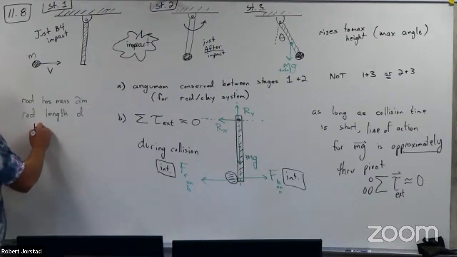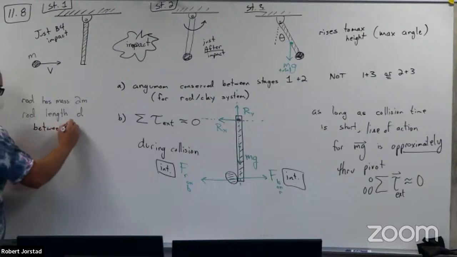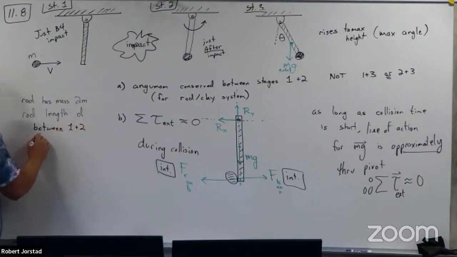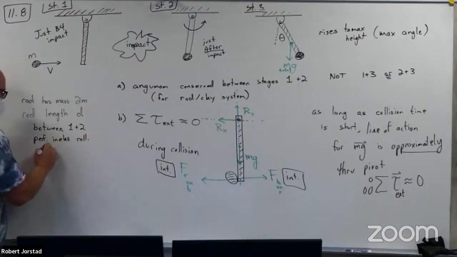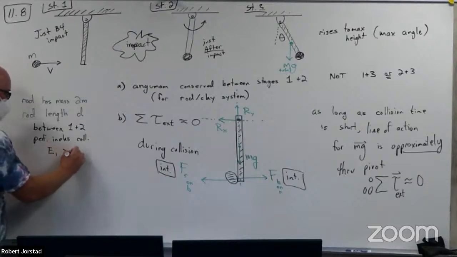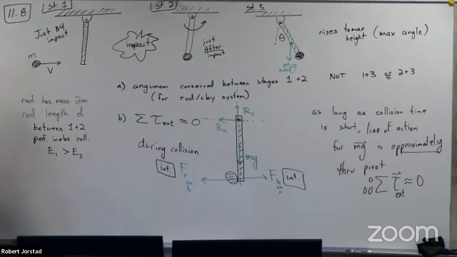So we have a perfectly inelastic collision. E1 is greater than E2. We're going to lose some energy. So that's part C, or that's part of it.